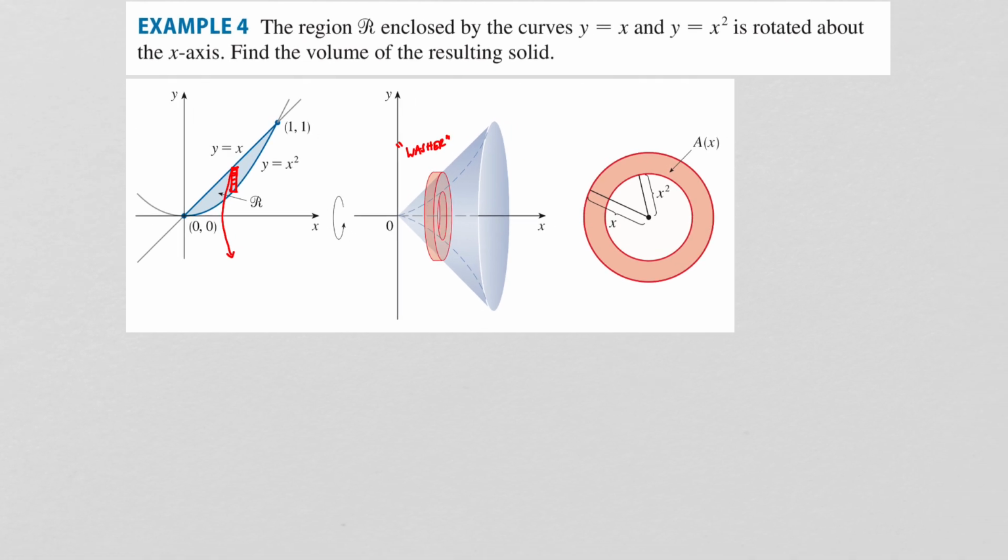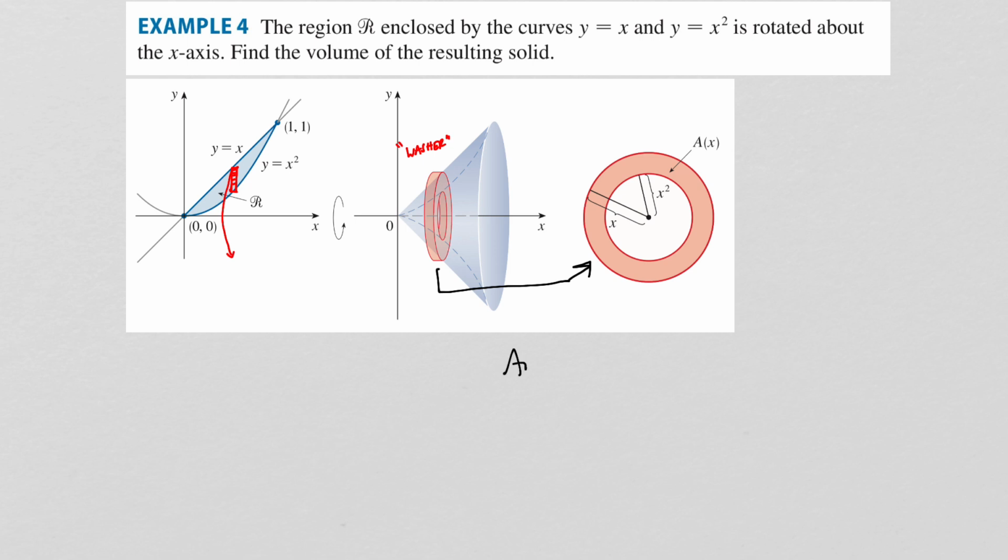Well, again, we need to find the cross-sectional area. So here is that washer in 2 dimensions. And if I want the area of just this part, the way I'm going to do that is I'm going to take the area of the whole thing and subtract the area of the inside part.